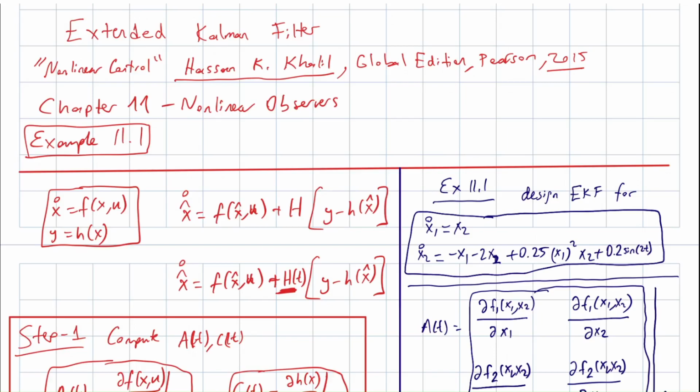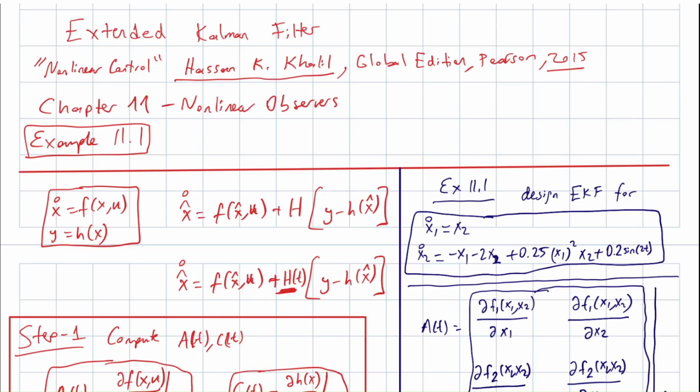But to me, if you ask any type of observer designer, professional, not like me, by the way, I have a strong feeling that they would probably say, okay, just start by designing an extended Kalman filter, right? At least see where this is going. It is not a bad idea, because chances are it's not going to take a lot of your time.